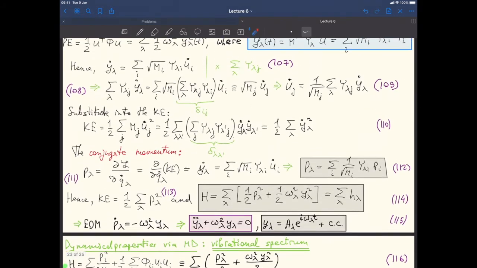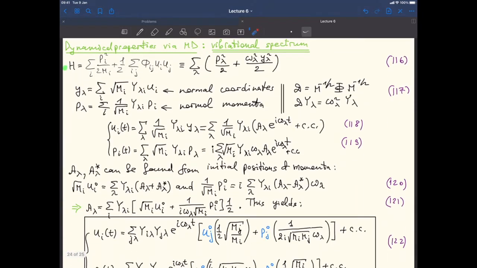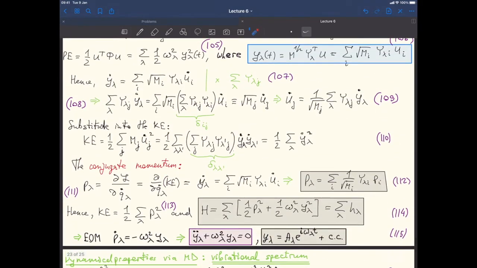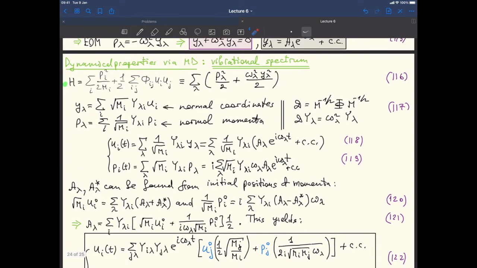And for ui dot, for instance, we got something like that, but a very similar expression is obtained for ui. All right, and these are written here. So this is ui via y lambda, and this is pi via p lambda.